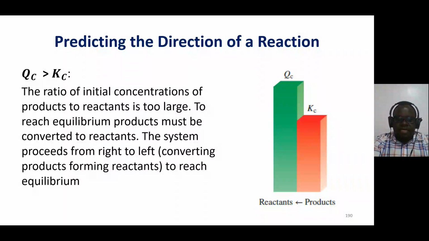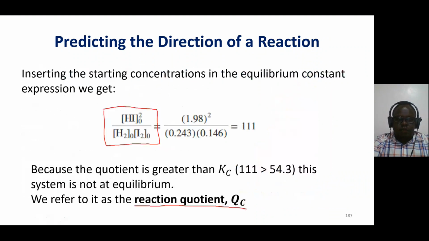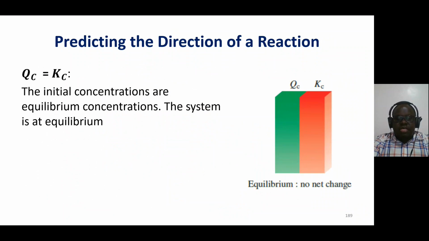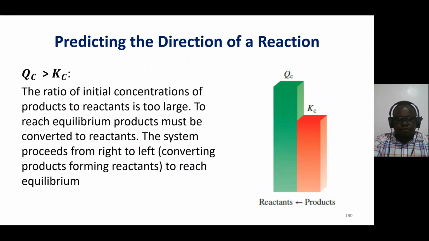You can have a case where Qc is greater than Kc, which is the case for our reaction here. In that case, the ratio of initial concentrations of products to reactants is too large.